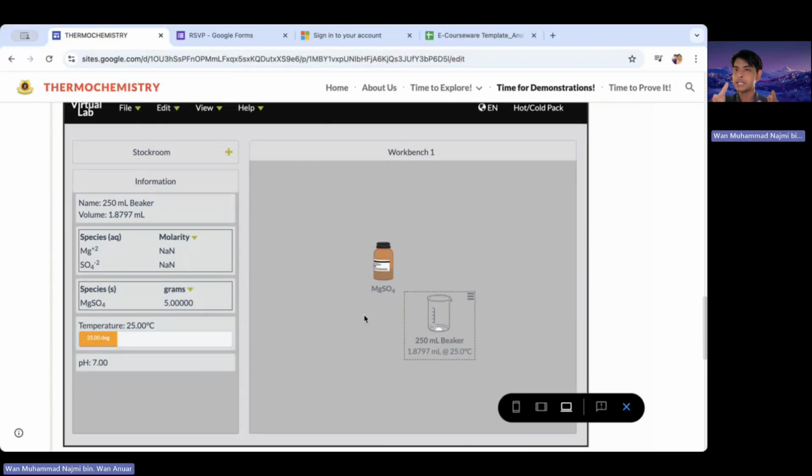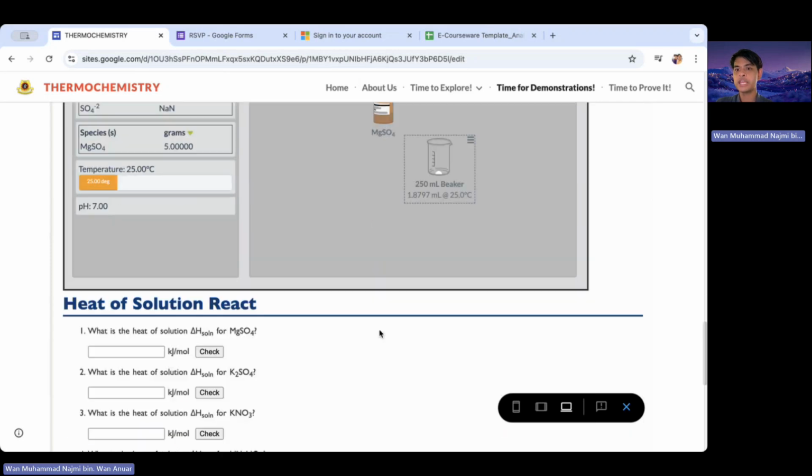So if you don't have time to conduct an experiment, you can make your students have a virtual experiment, so that they have the idea on how to have a better understanding in learning thermochemistry.